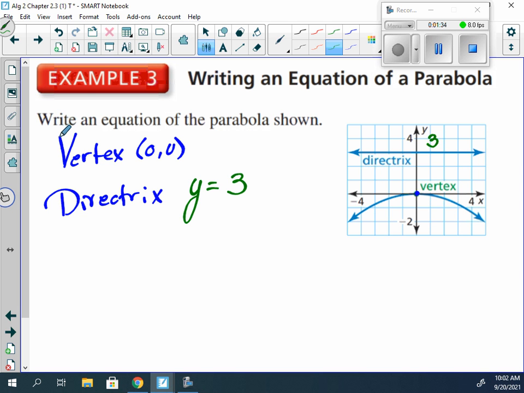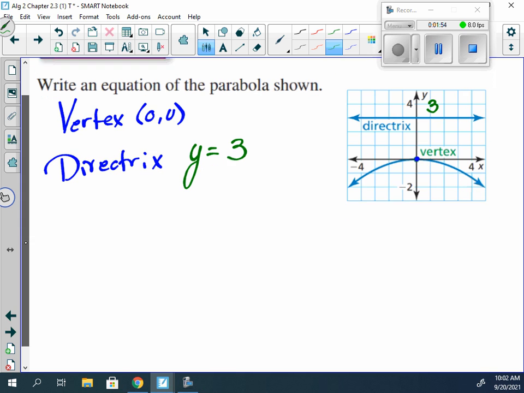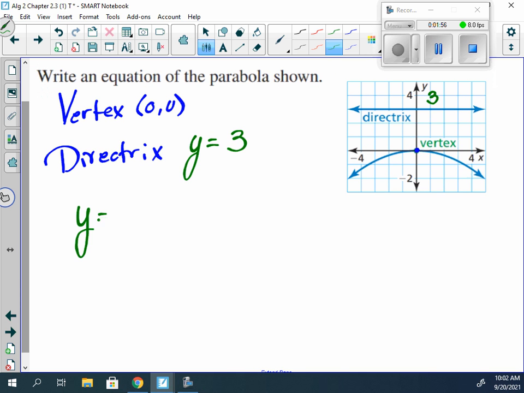Now, given this information, looking back at the general information that we were given, which one deals with the directrix of y equals? Which of the two general forms has a directrix of y equals a number? The one that is y equals 1 over 4p times (x minus h) squared plus k.